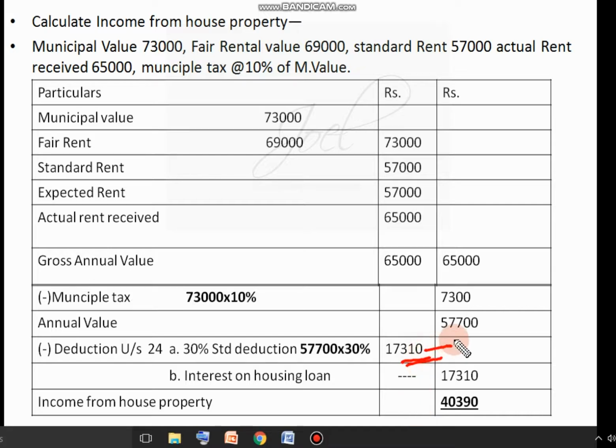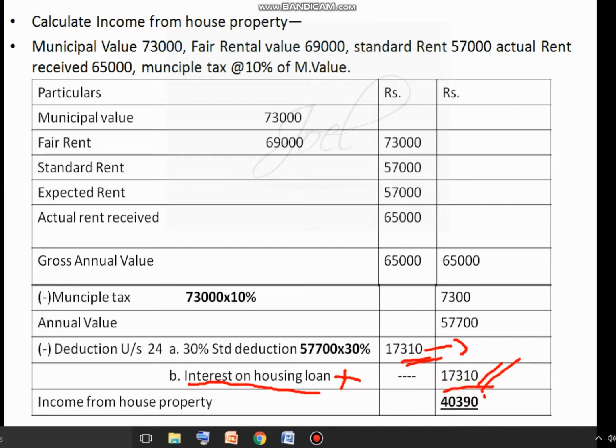So I will write it in the outer column, because only one amount is there. Interest on housing loan is not given in this problem, but write it anyway, because it is the first problem and we work as per the format. So write that interest on housing loan is nil. When you add these two, one amount comes into the outer column, that is 17,310.